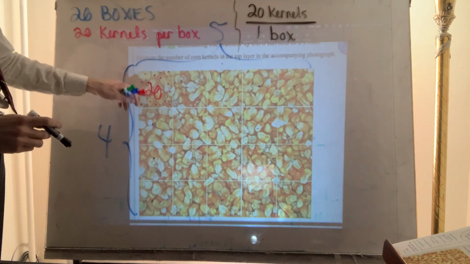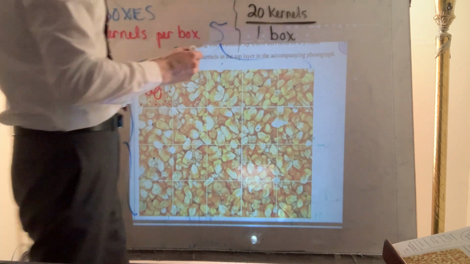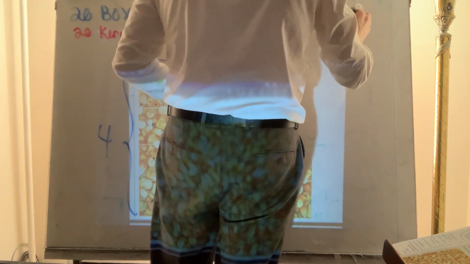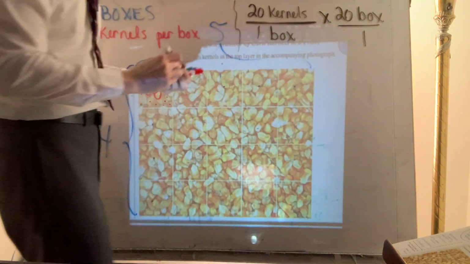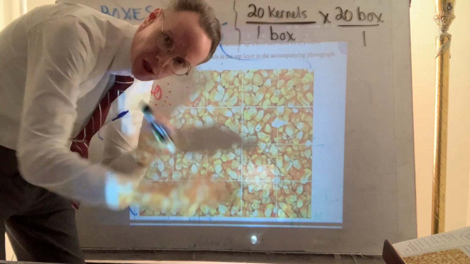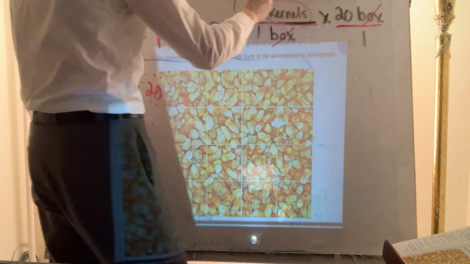If I multiply that amount of 20 times the number of boxes, 20 boxes, there is again this cross cancellation effect. The unit is box up here above the line, and the unit down here is box below the line. That means I'm left with the unit that I want.